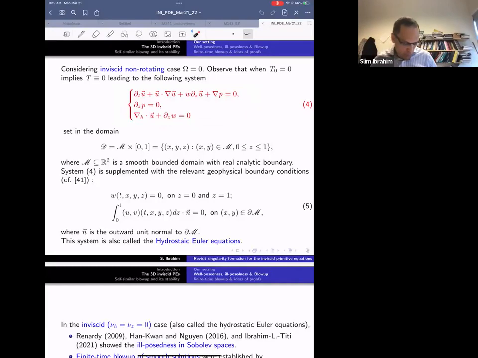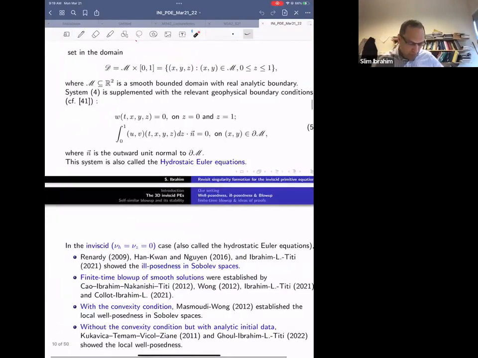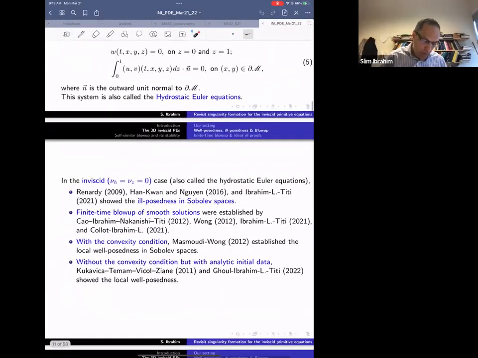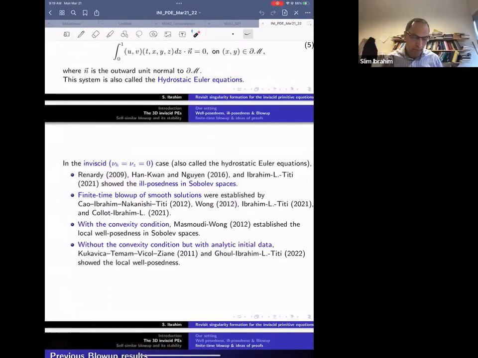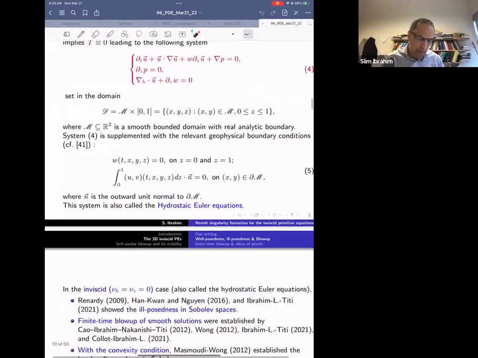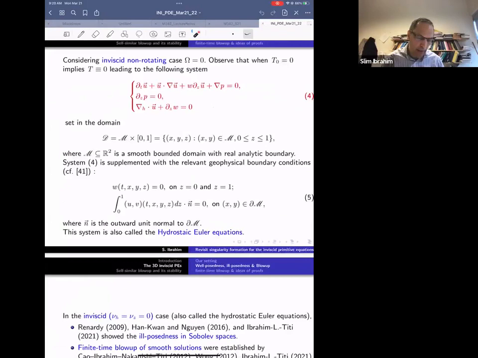And if I want to summarize the case of partial viscosity, I think the only remaining case is when we have vertical viscosity. Then we don't know if singularity can appear.